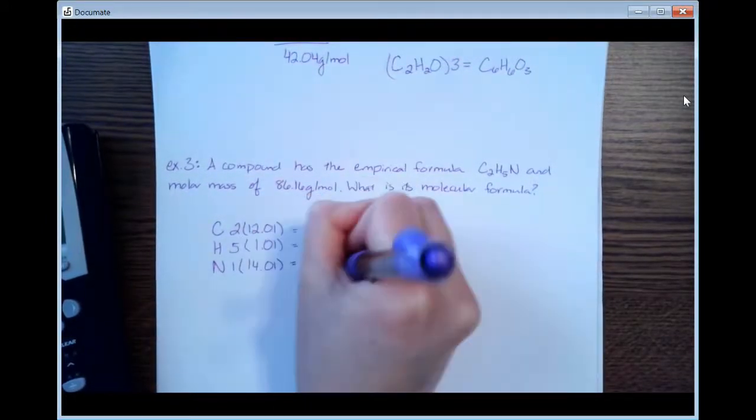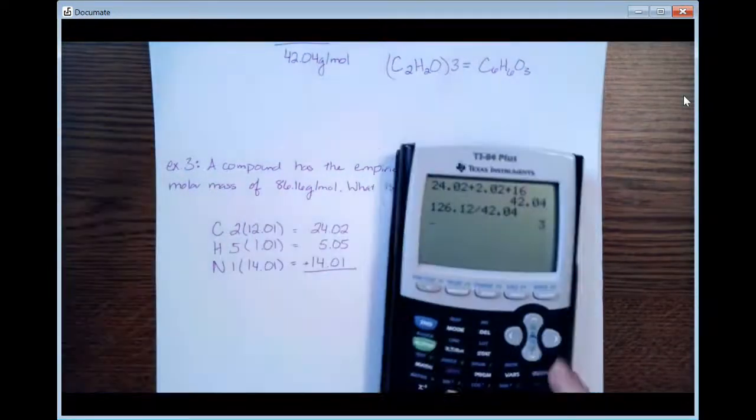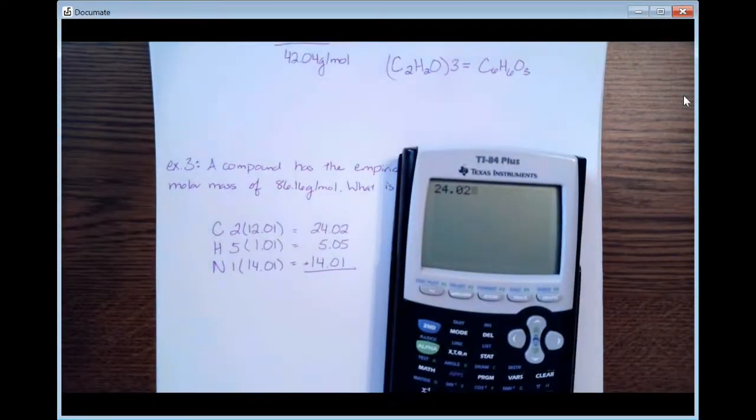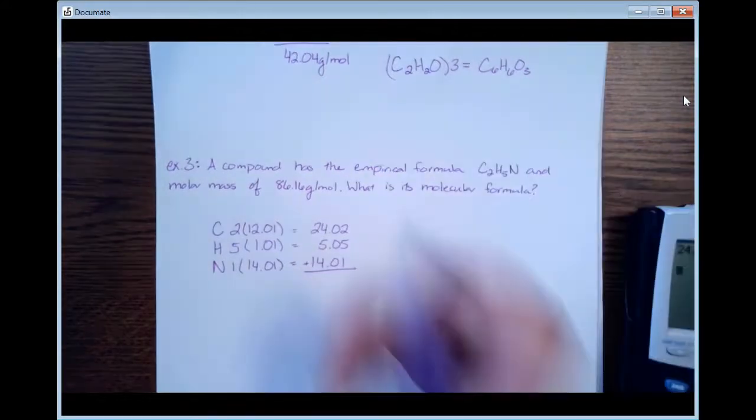So I'm going to go ahead and add those all up. So 24.02 plus 5.05 plus 14.01. So that gives me a molar mass of 43.08 grams per mole.